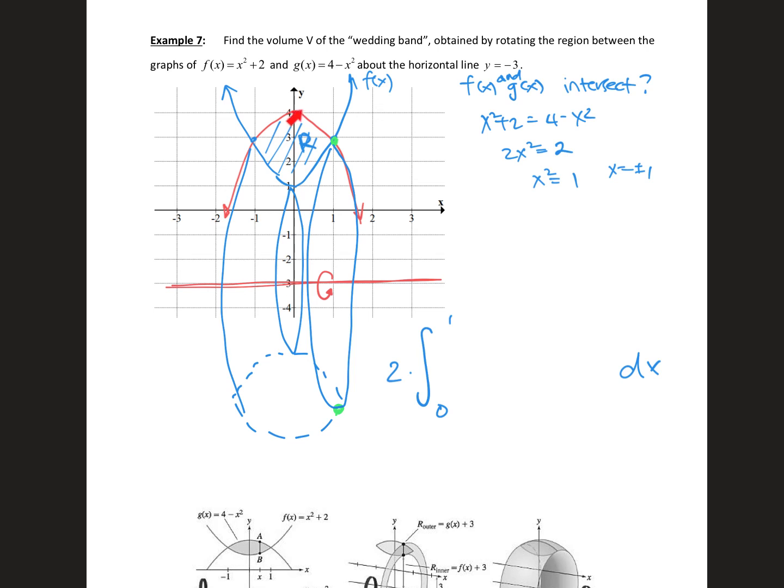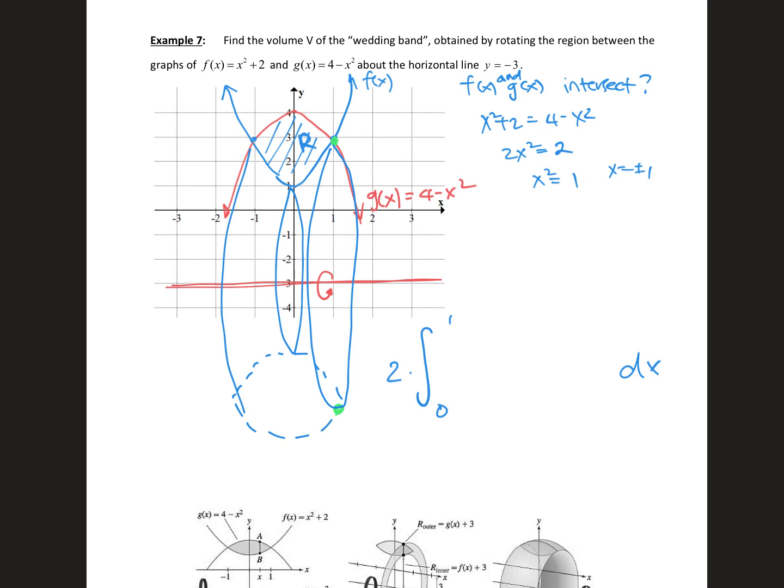If I look at a cross section, the outer circle is going to be the red function, and the blue one is going to be the inner one. So the outer one is the red function, which is g of x, 4 minus x squared.